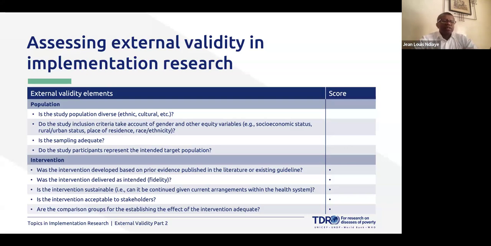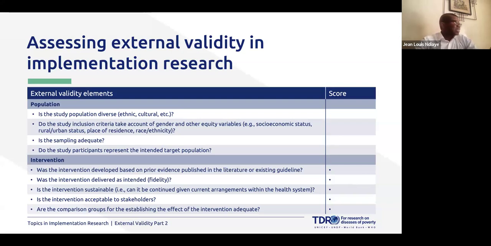About the intervention, the questions will be: was the intervention developed based on prior evidence published in the literature or existing guidelines? Was the intervention delivered as intended? Manas was earlier talking about fidelity. Is the intervention suitable, meaning can it be continued given the current arrangements with the health system?